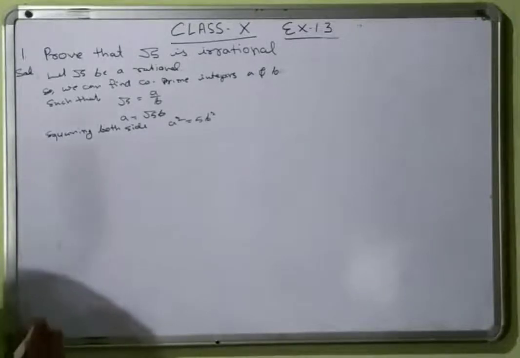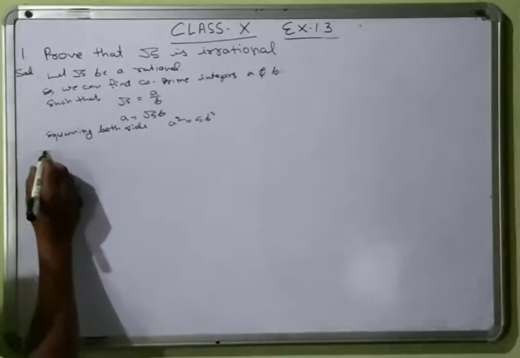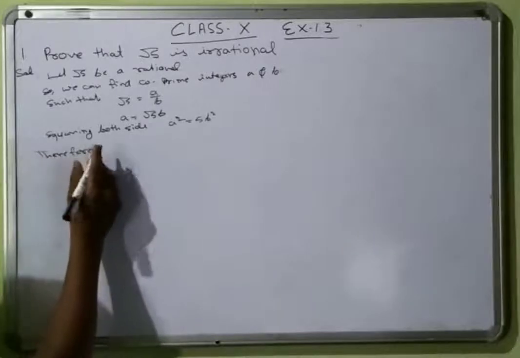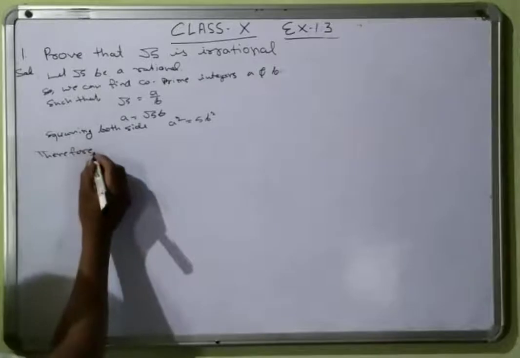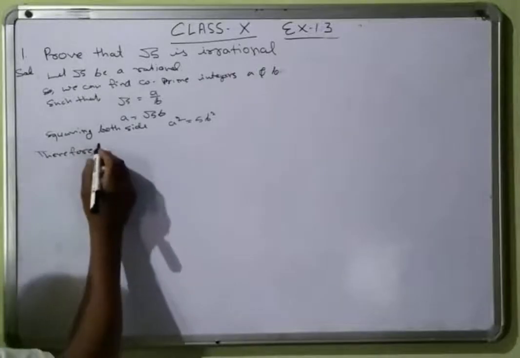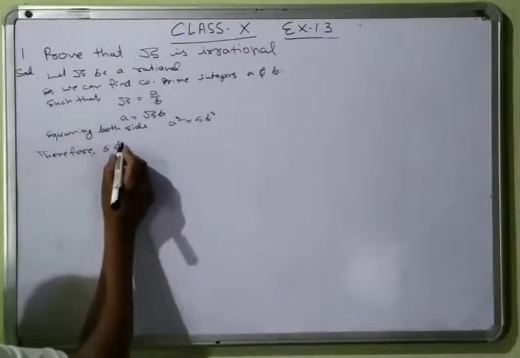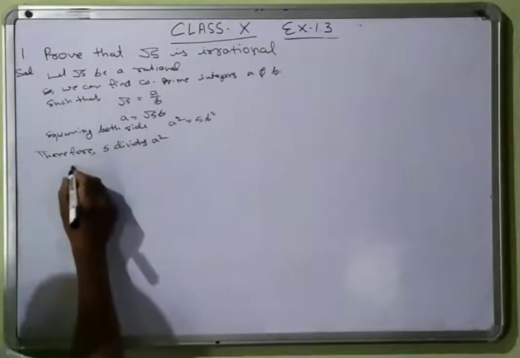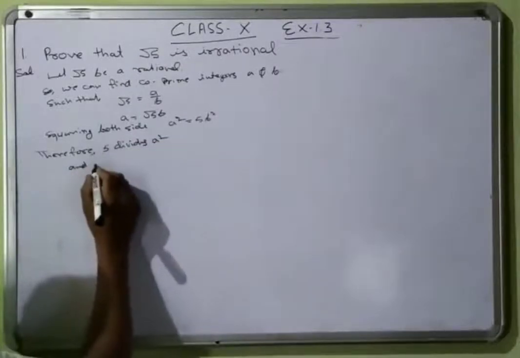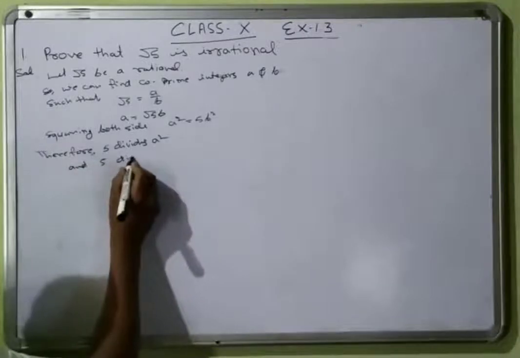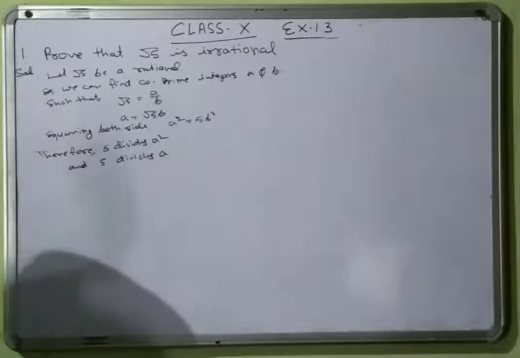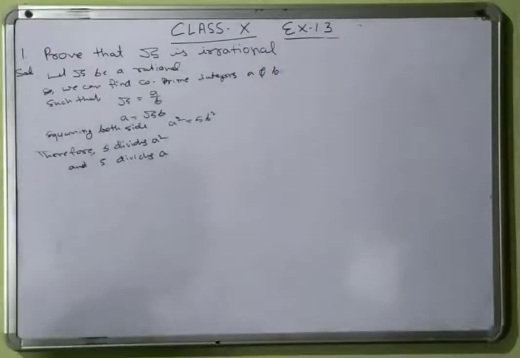Next, therefore 5 divides a square, and 5 divides a also.